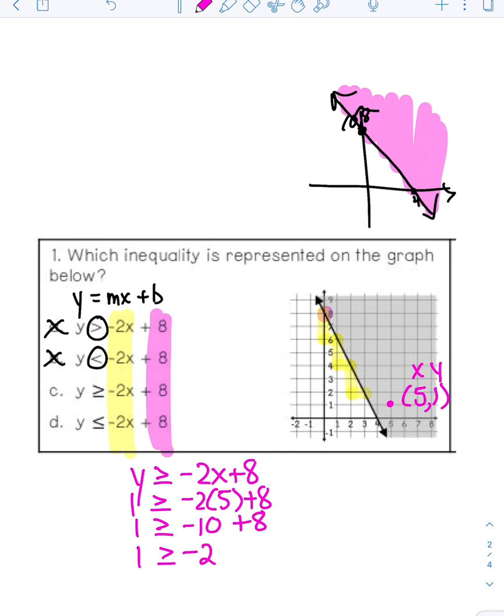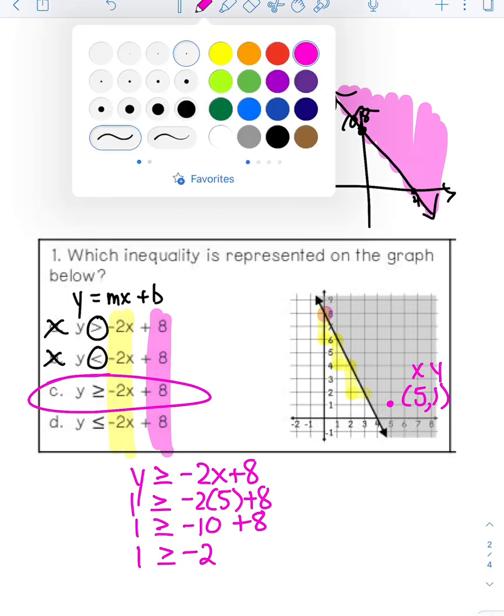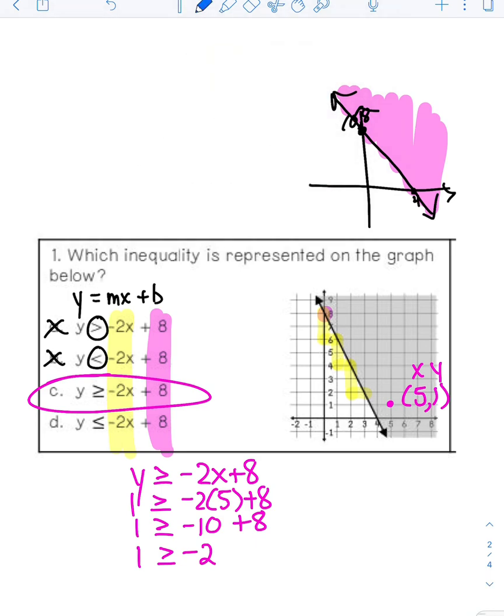Is that true? I noticed that that is true. That's a true statement. 1 is greater than or equal to -2. So that means C is my answer. But I want to show you what would have happened if we had gotten a wrong answer. So let's test D. D is y is less than or equal to -2x plus 8.